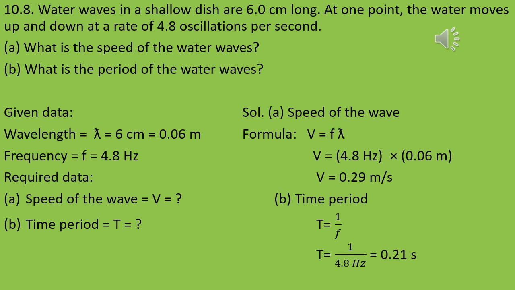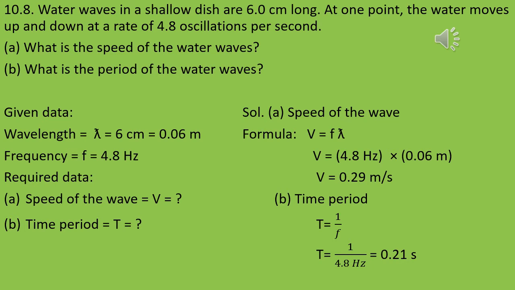Solution: A. Speed of the water waves. Formula: v = fλ. By putting the values in the formula, we get v = 4.8 Hz into 0.06 meter, or v = 0.29 meter per second.